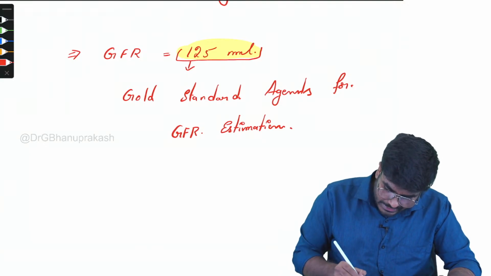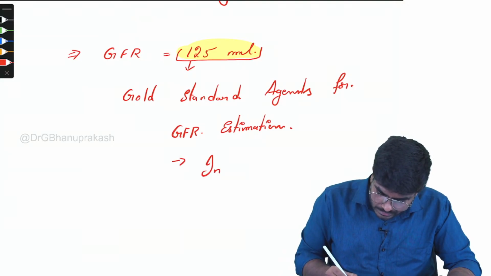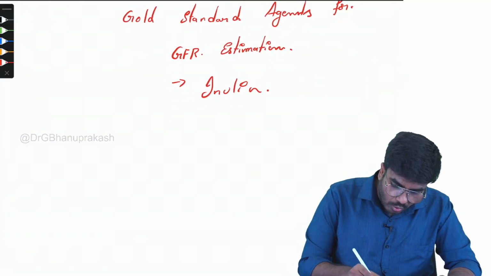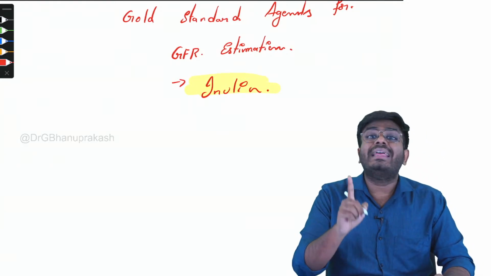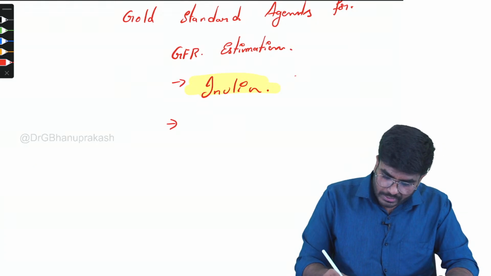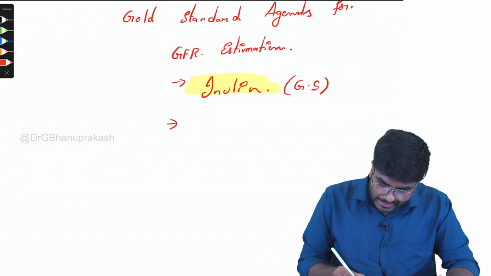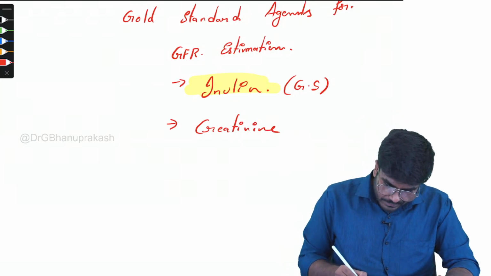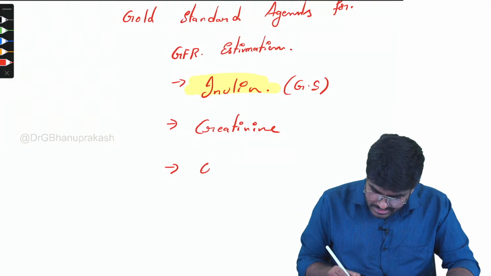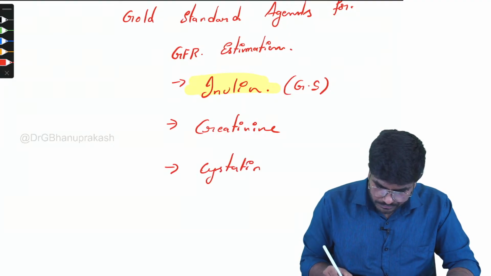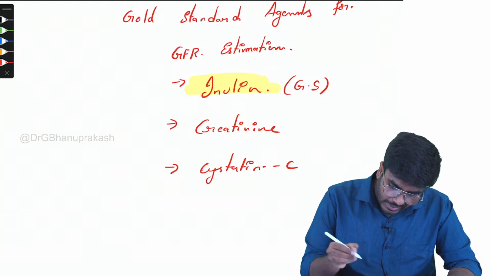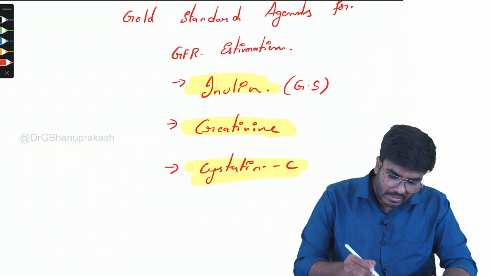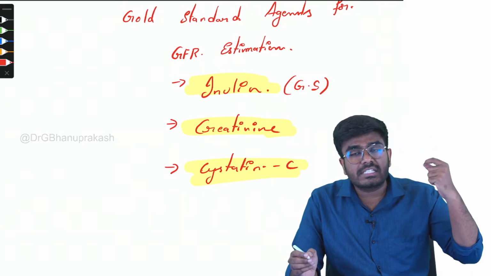Now the gold standard agent is inulin. Okay, so inulin is the gold standard agent. Apart from inulin, there is creatinine, as well as one more marker called cystatin C. So the three important markers are inulin, creatinine, and cystatin C. These are the markers with which you can estimate the GFR.